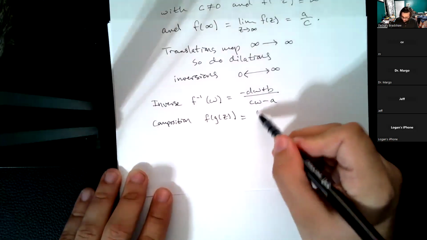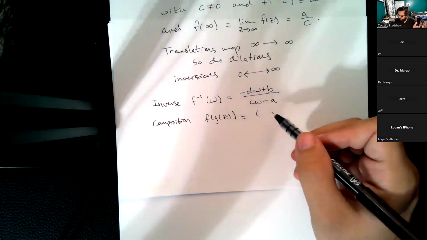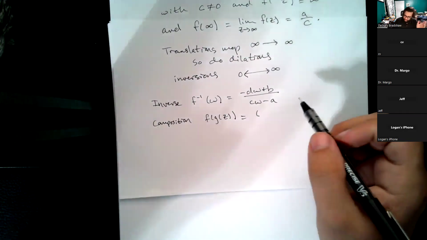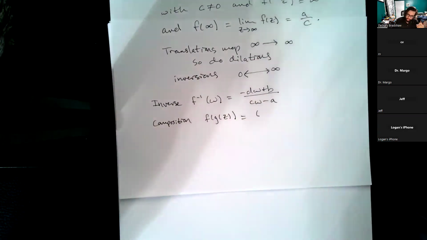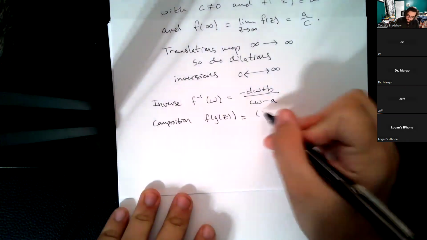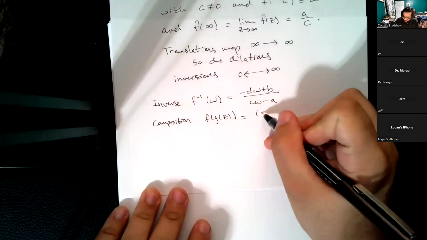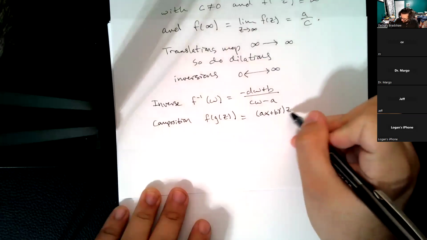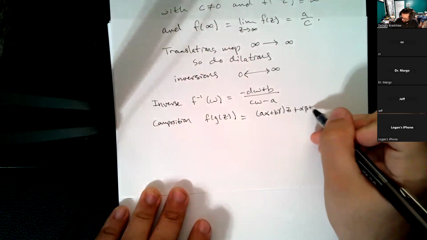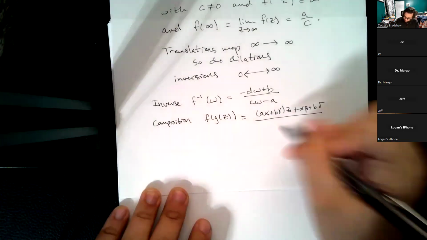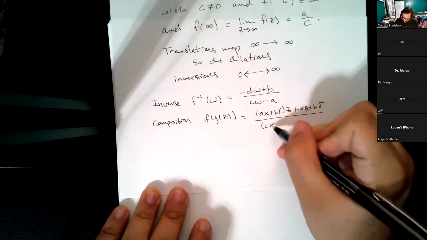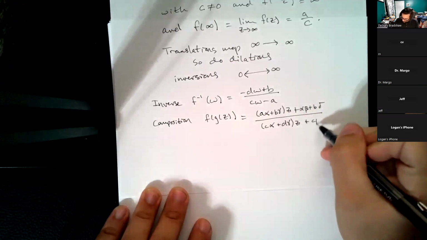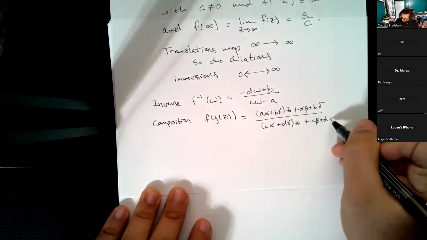So I'm taking f to be (az plus b) over (cz plus d), and g to be (alpha z plus beta) over (gamma z plus delta). So when we compose these things, we'll get ((a alpha plus b gamma) z plus (a beta plus b delta)) over ((c alpha plus d gamma) z plus (c beta plus d delta)).